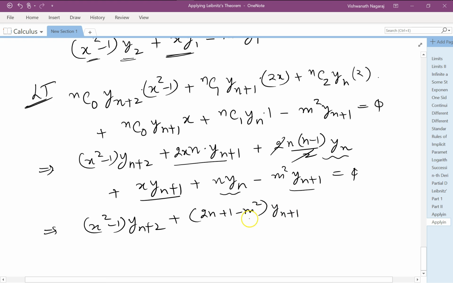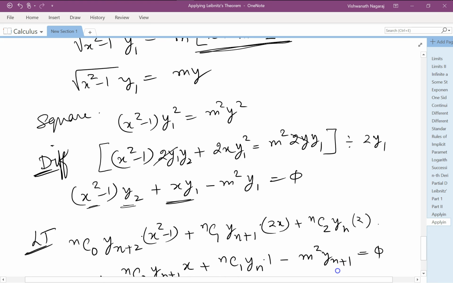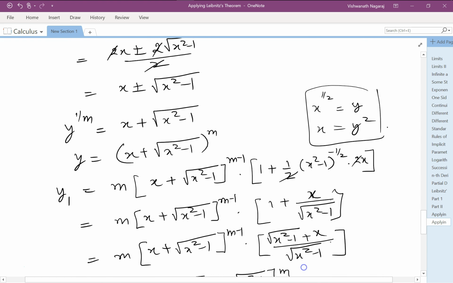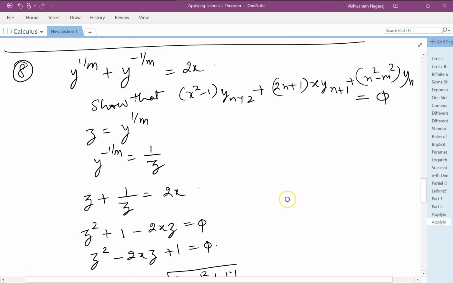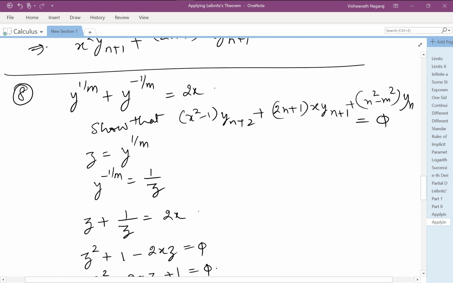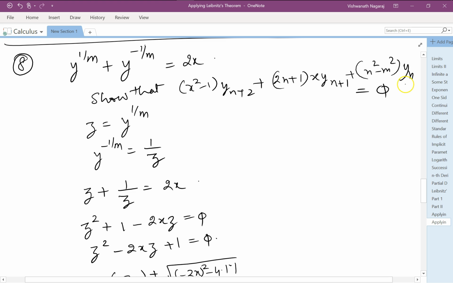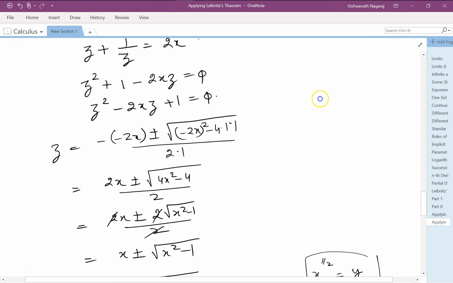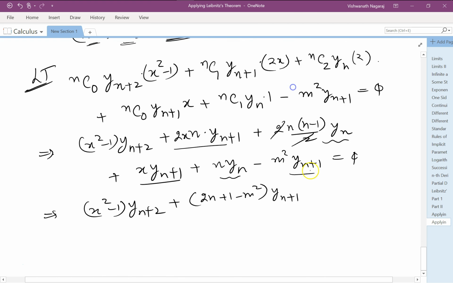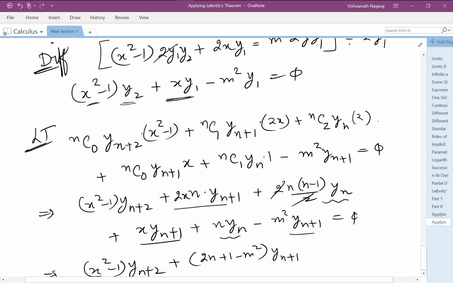So do you notice, if you remember, what we were asked to show was quite a long time back. Here it should only be 2n plus 1, and n square should go with yn, whereas here we are getting it with n plus 1. So that means there's some mistake we have made.